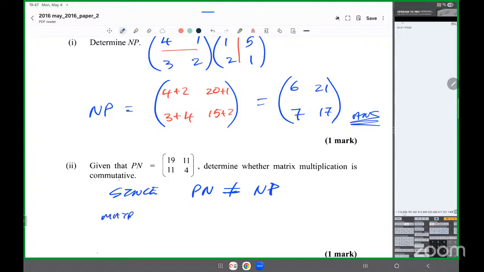Matrix multiplication is not commutative.